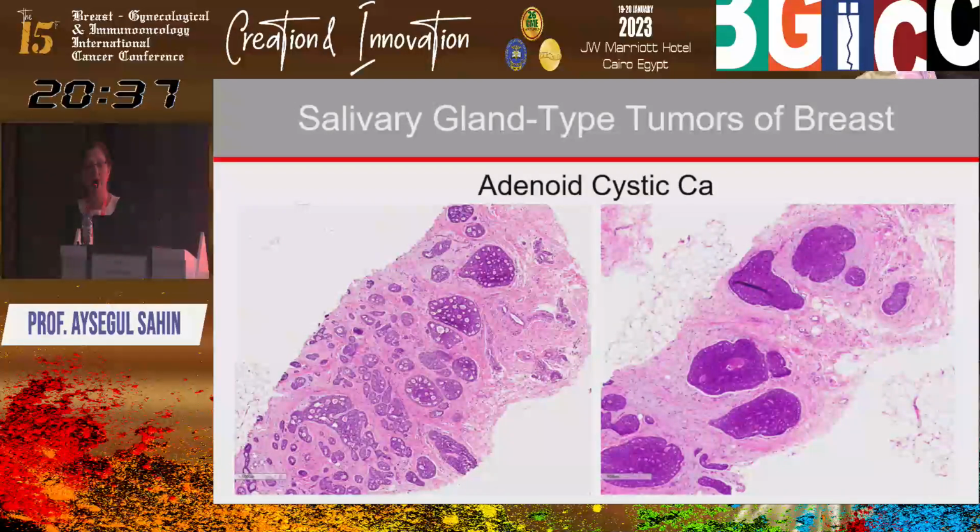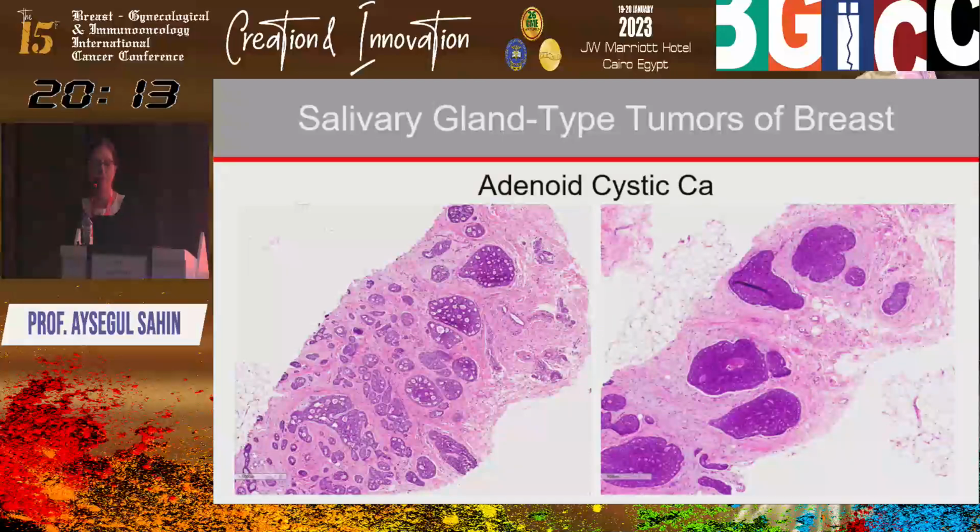And the second salivary gland type breast carcinoma that we need to recognize based on morphology is adenoid cystic carcinoma. Adenoid cystic carcinoma in the breast has the same morphology as adenoid cystic carcinoma anywhere else, especially in salivary glands.